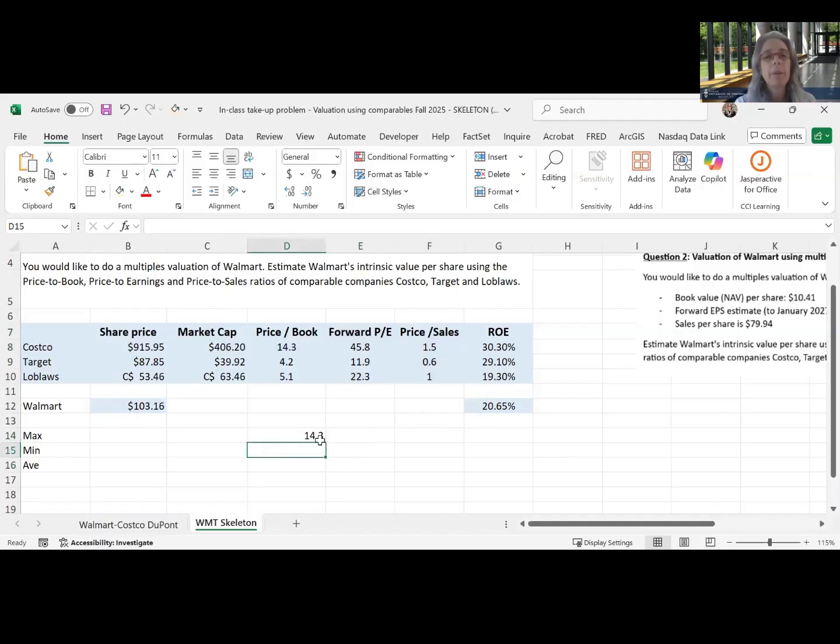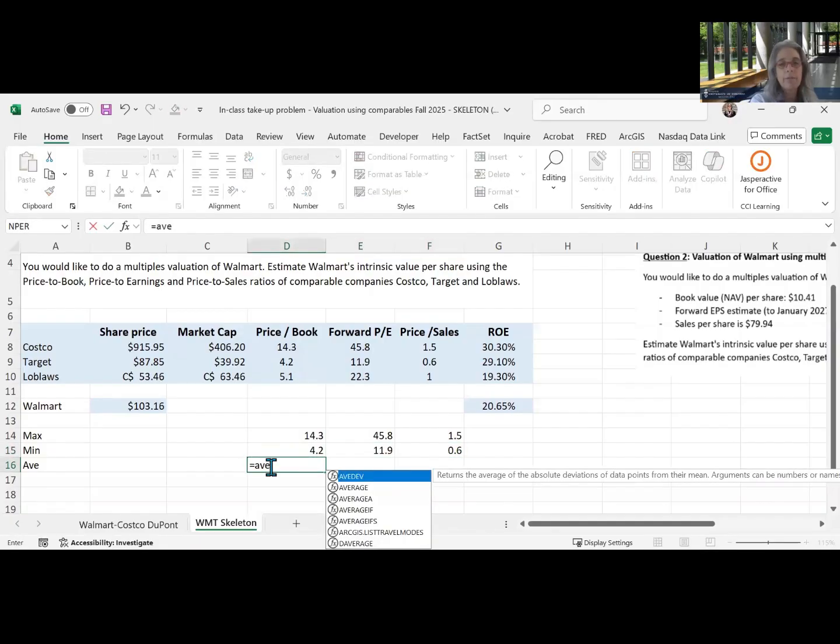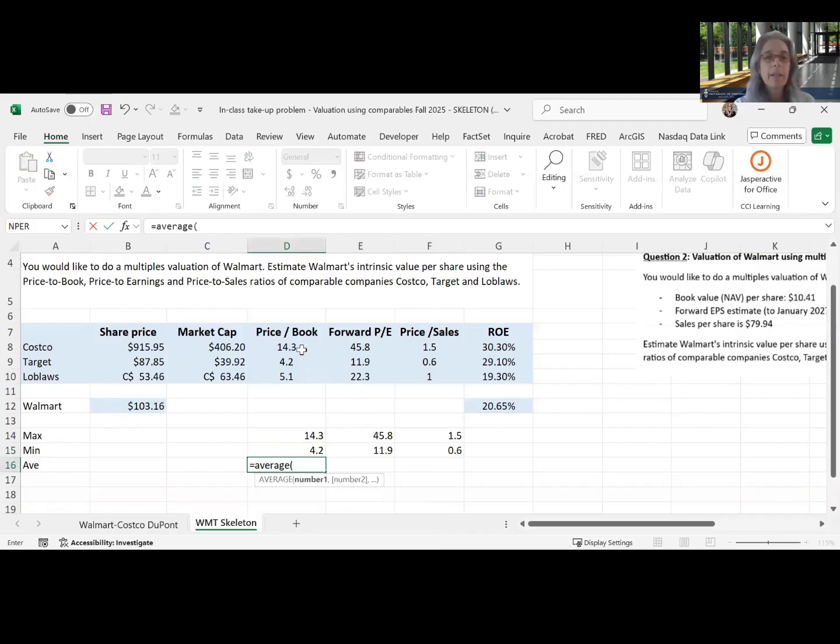It's going to be Costco for all of them, but if you're working with several companies, you don't have to eyeball it. The minimum, we would do equals minimum in Excel of this range. And then we can copy that across. And then the average, equals average. You've got to write it out in full for Excel.